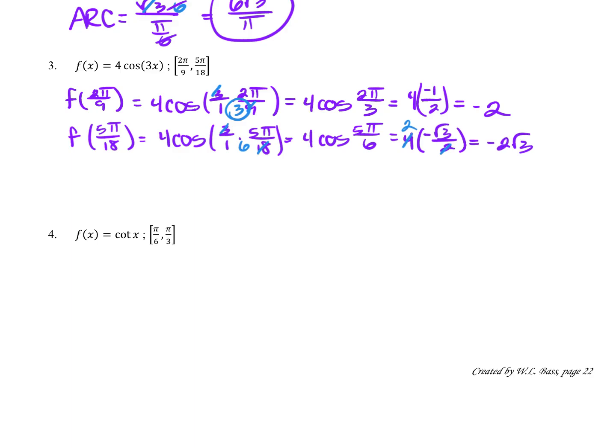So now the ordered pairs that we're working with are going to be 2 pi over 9, which has to come from the original interval, comma, negative 2, and 5 pi over 18, comma, negative 2 radical 3. Now let's start that average rate of change.